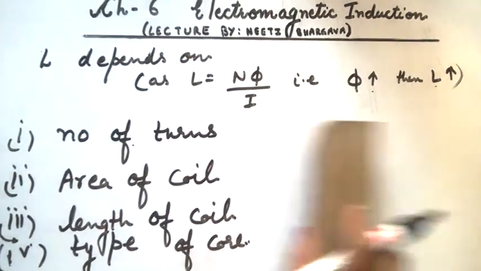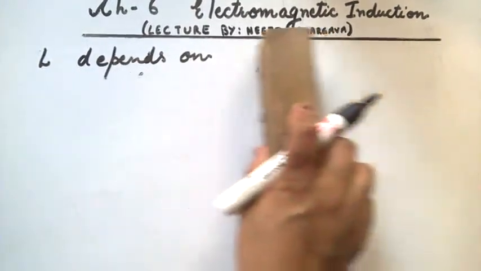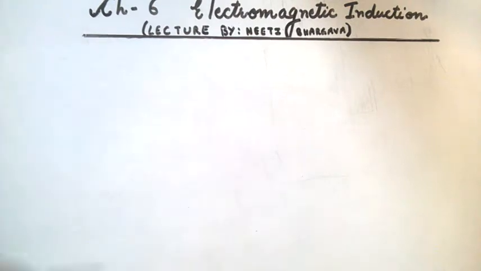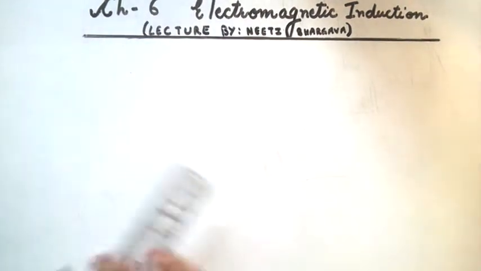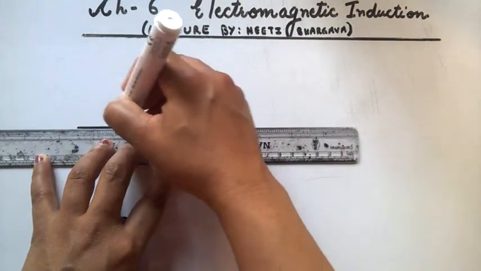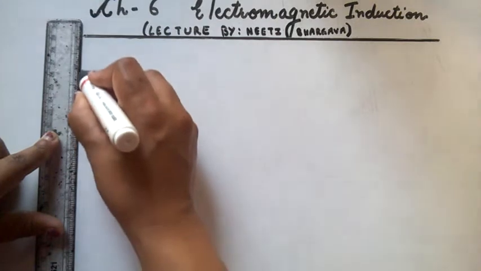Thus we have studied that when a variable current is passing through a current carrying coil like a solenoid, it will produce a self-induced EMF.